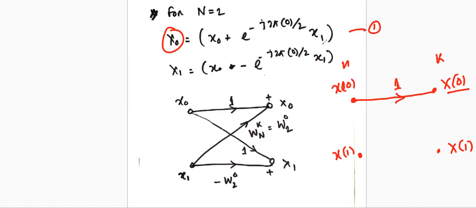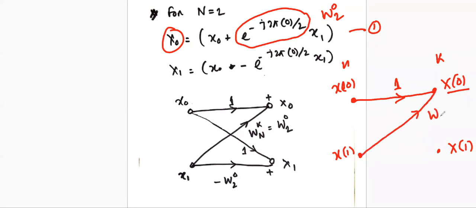Again, x1 multiplied with this. And this is nothing but W2. You can find that N equals 2. Of course, this is W2 to the power, what is the value of k? K equals 0. So we can take it like this, and this is W2 to the power 0.